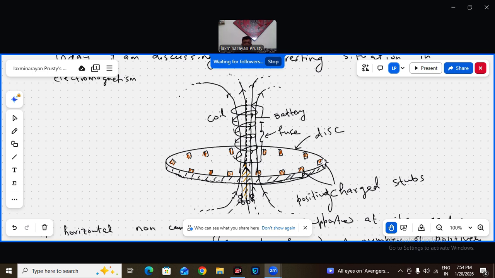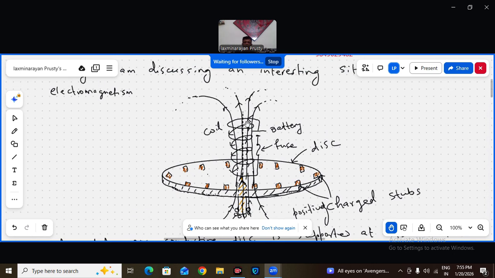And as you see, these small blocks are shown. They are the non-conducting stubs, positively charged stubs, some kind of blocks rigidly fixed to the disk. They are charged, positively charged.